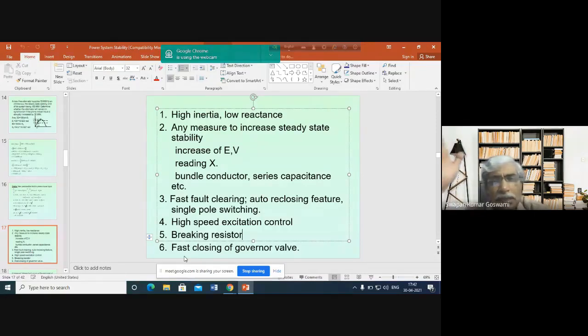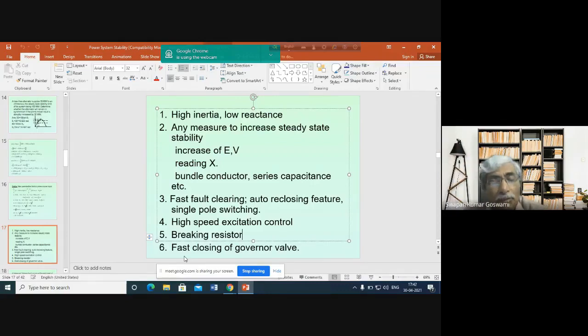As a result, the generator sees that there is no path through which it can deliver the power that has been generated. So power cannot go out when the line is disconnected. Now, input power remains the same, but output power becomes zero or very small. So the generator will accelerate.